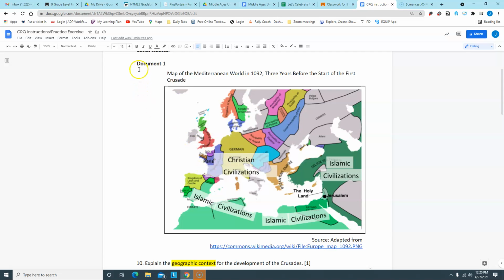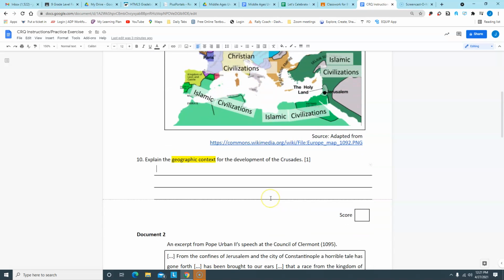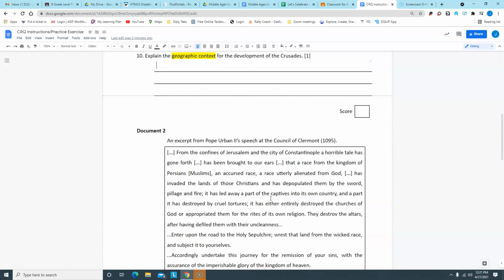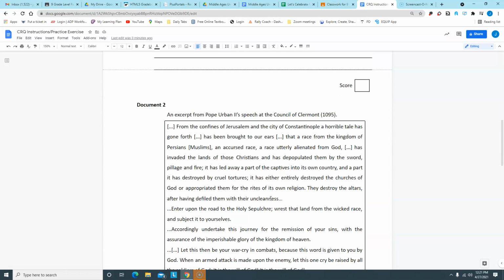Those are our expectations for document 1: to analyze the geographic context. I'm still not going to get into the map quite yet. We're going to move to document 2 and see what the expectations are there. Then we'll go back up and go through breaking down each document and each question, as a guide for you to answer the questions in the Edpuzzle.